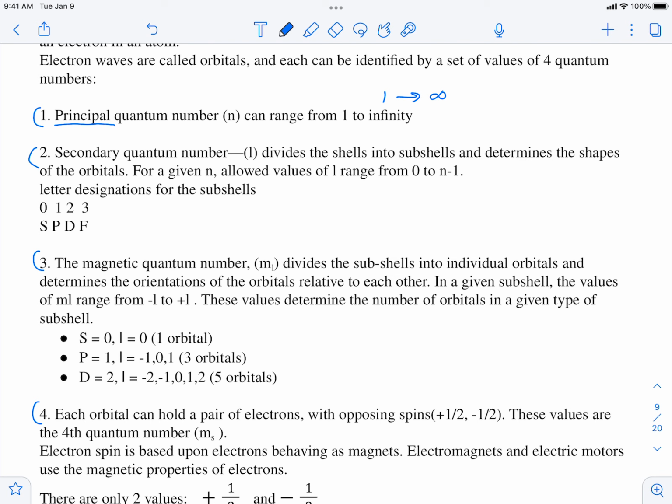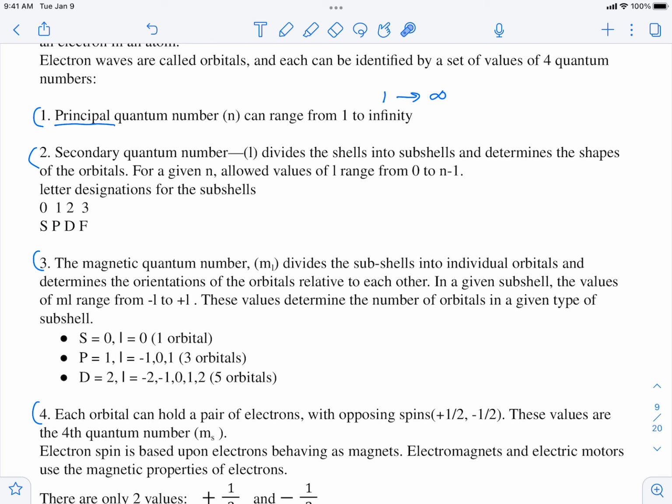The secondary quantum number has to do with the sublevels. You know the sublevels S, P, D, F are the only ones actually in use. Hypothetically, there's G and H, right? But they are coded as numbers: S has a secondary quantum number of 0, P is 1, D is 2, F is 3.